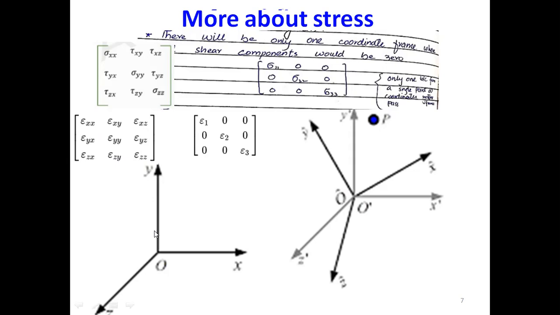We also discussed that stress and strain is such a concept that if we change the orientation of the coordinate frame, then the values of the stress would change, and also the values of the strain would change.